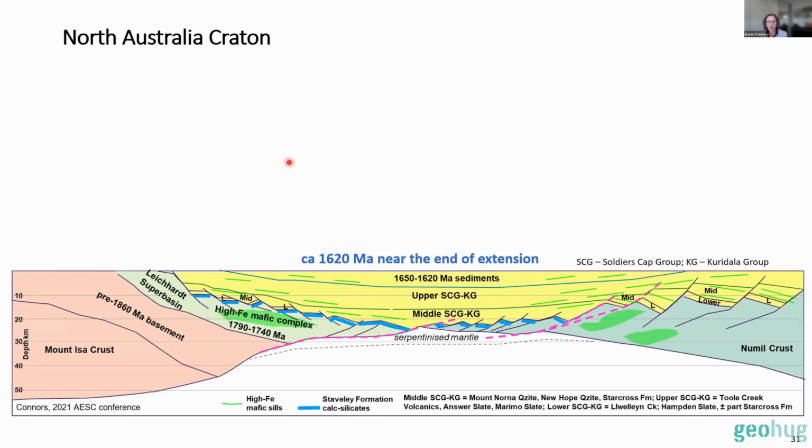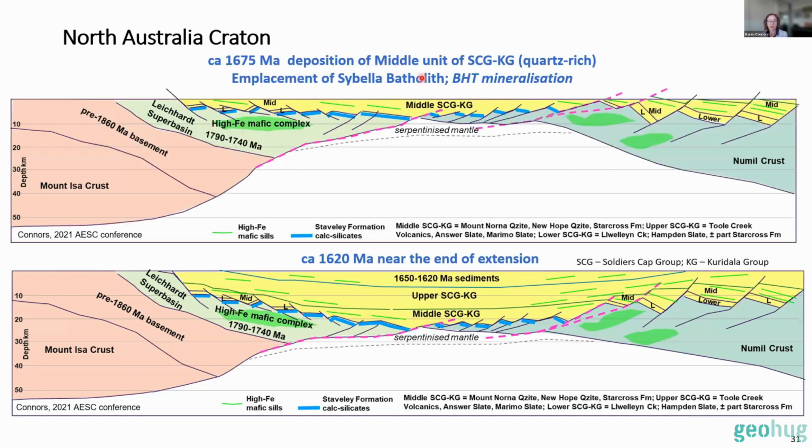Now we take another step back, and what did it look like when we were depositing this middle unit, which is the key stage for Broken Hill style mineralization at Cannington, and to the east, to the west, we have the Sybella batholith being in place. So crustal thickness is not constrained.